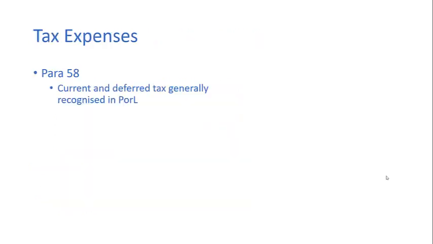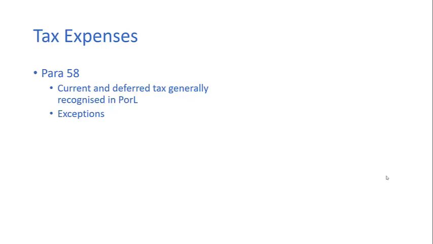The tax expense should be generally recognised in the statement of profit or loss, and it should address both current and deferred taxes. However, there are some exceptions. So for example, if you have an asset revaluation, that gain is recognised in OCI. So quite obviously the tax associated with that gain would also be recognised in OCI.